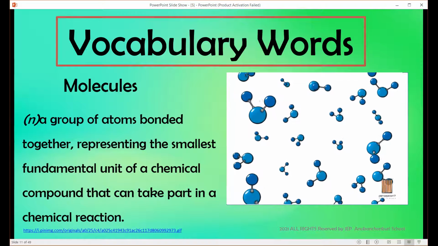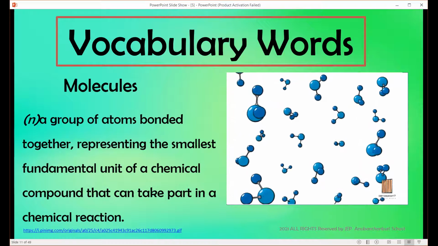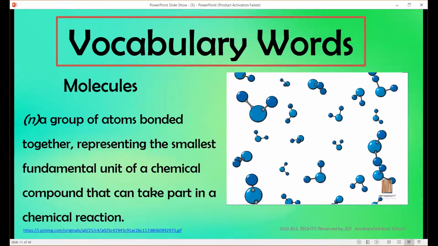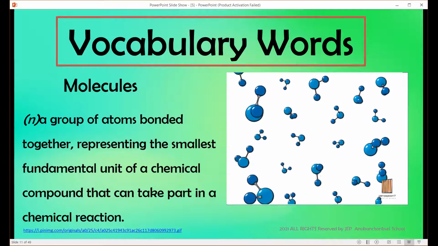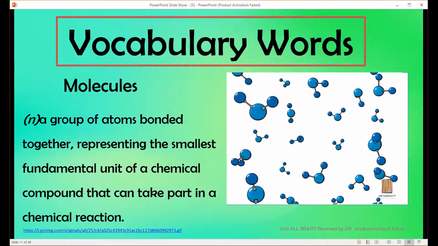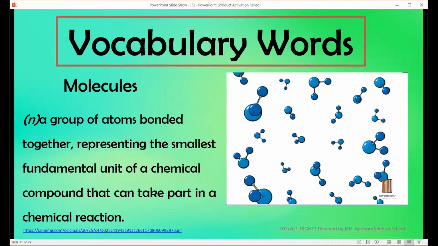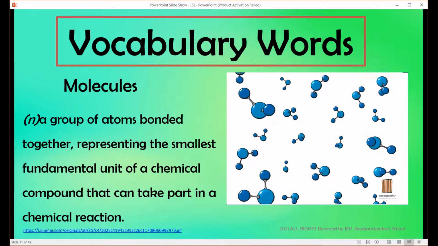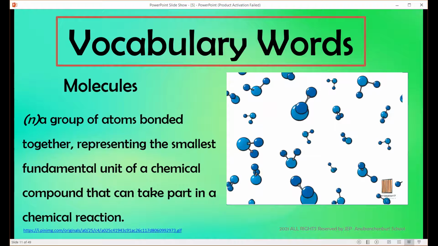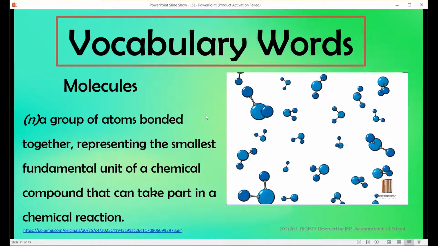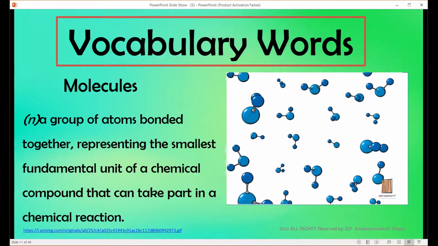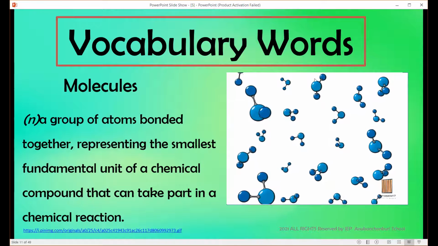A group of atoms bond together, representing the smallest fundamental unit of a chemical compound that can take part in a chemical reaction. Thank you. So this is a molecule. A molecule is a chemical compound like this one, the one you can see.